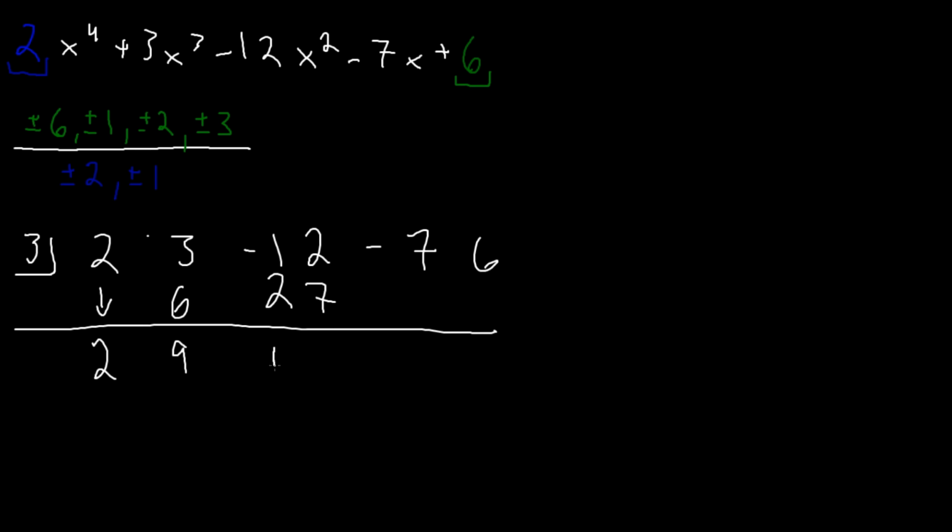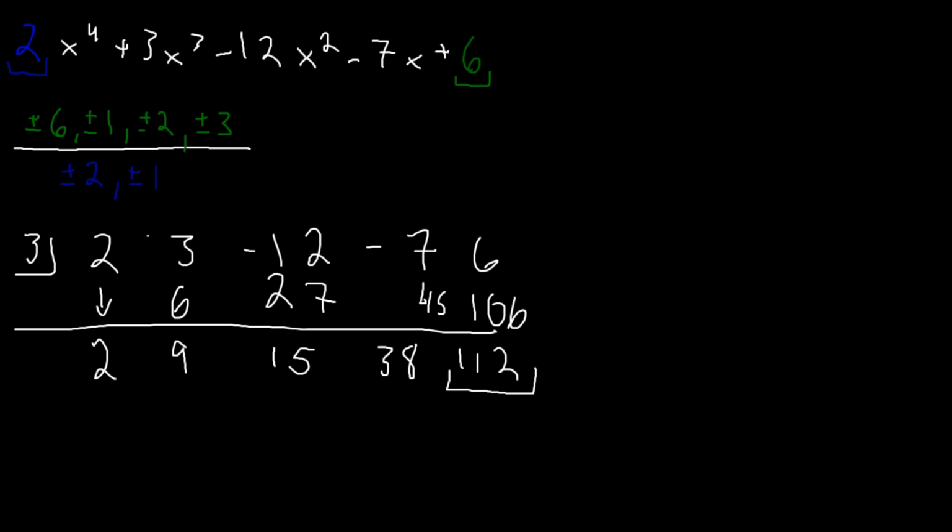Negative 12 plus 27 is 15. 15 times 3 is 45. Negative 7 plus 45 is 38. 38 times 3 is 114, so that's equal to 120. So this is not a zero of the function because we have a remainder here that's not equal to 0.